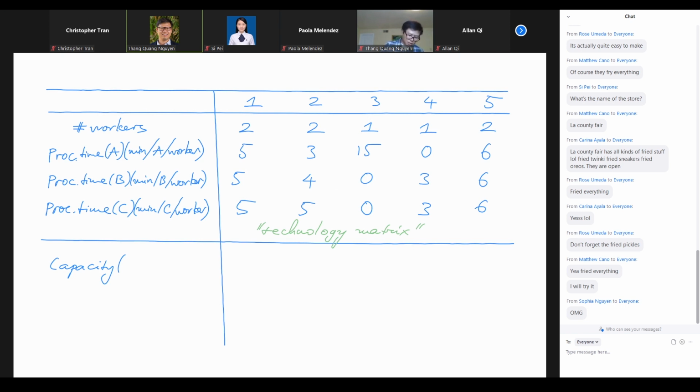In this case, we talk about minutes of work per day. But for now, we work on this per hour first to easily grasp the concept. So instead of how many ice creams the worker can produce per day, we talk about how many minutes of work that the workers can offer, can render, can dedicate, and can supply per hour, right?